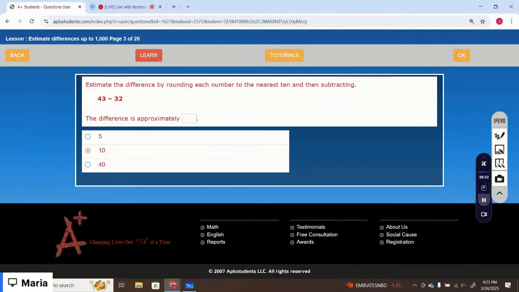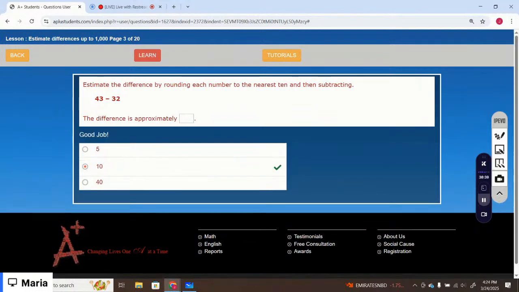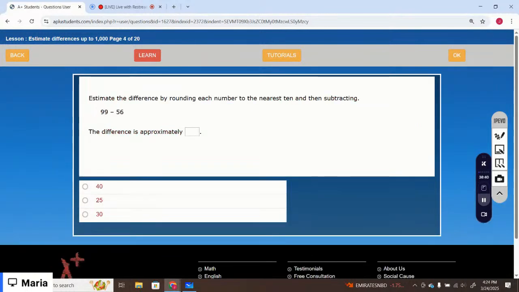That is 10. Very good. Estimate the difference by rounding each number to the nearest 10 and then subtracting. 99 minus 56, which is the correct option?